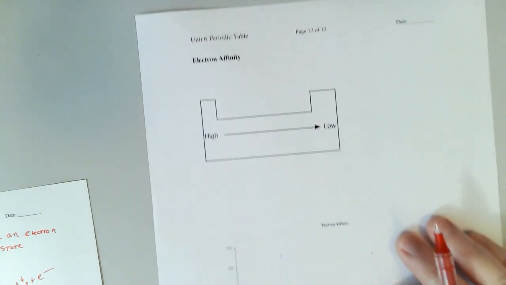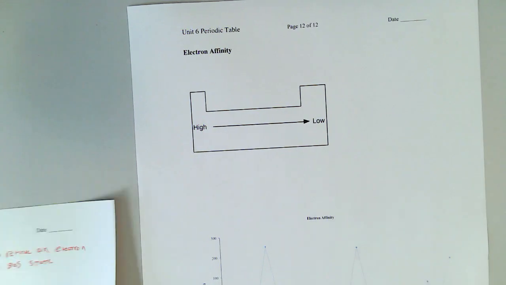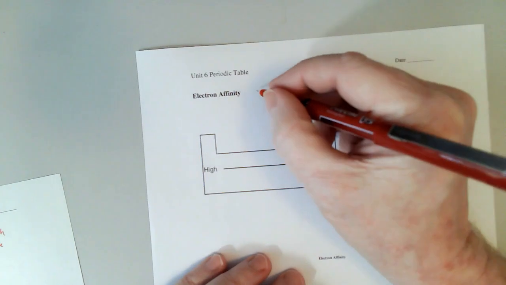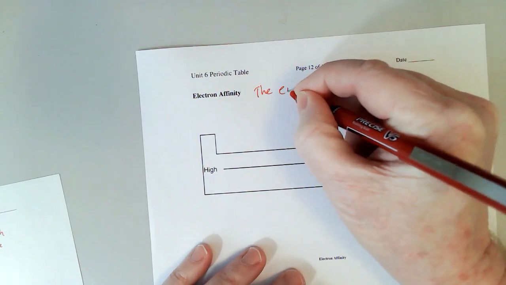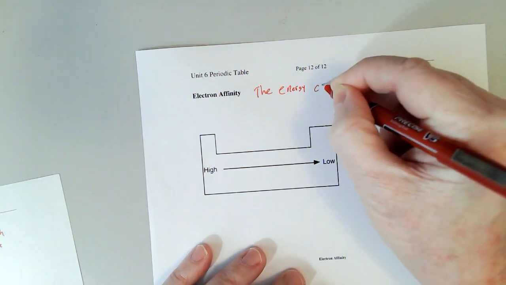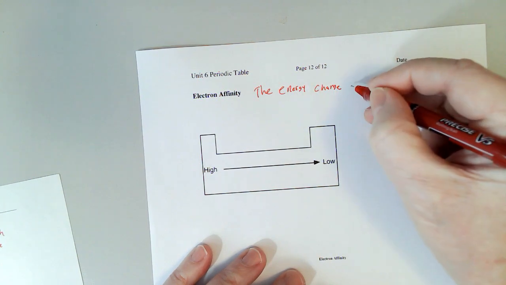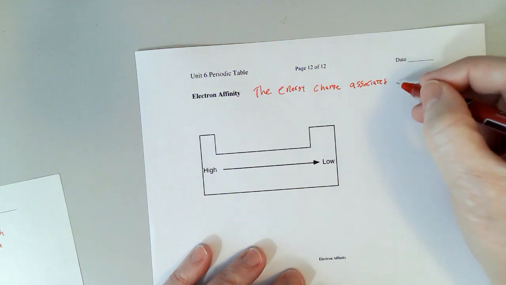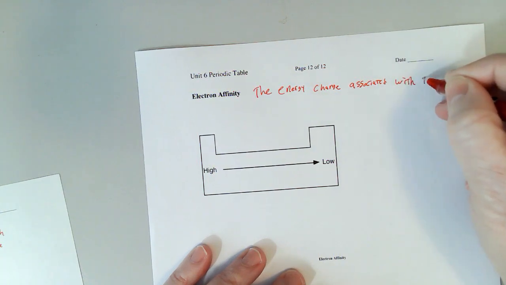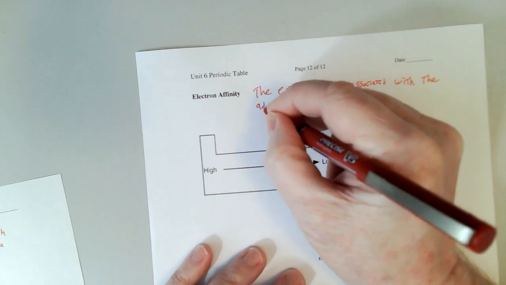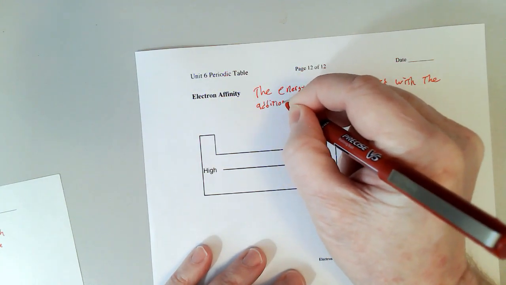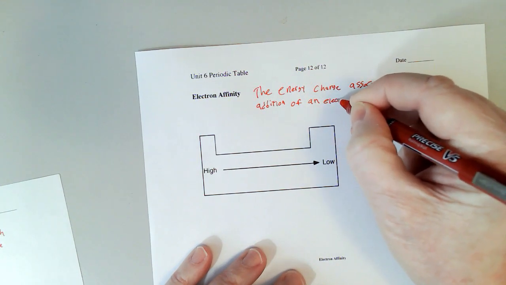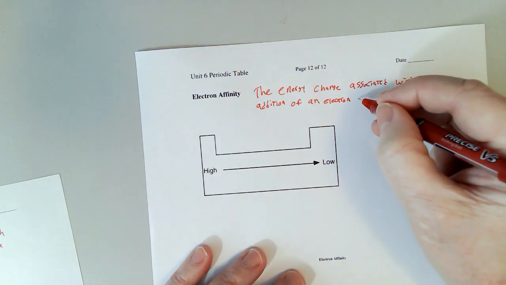Now, the last one is called Electron Affinity. And it is kind of the opposite of Coulomb's law. We say the energy change associated with the addition of an electron to a neutral atom.